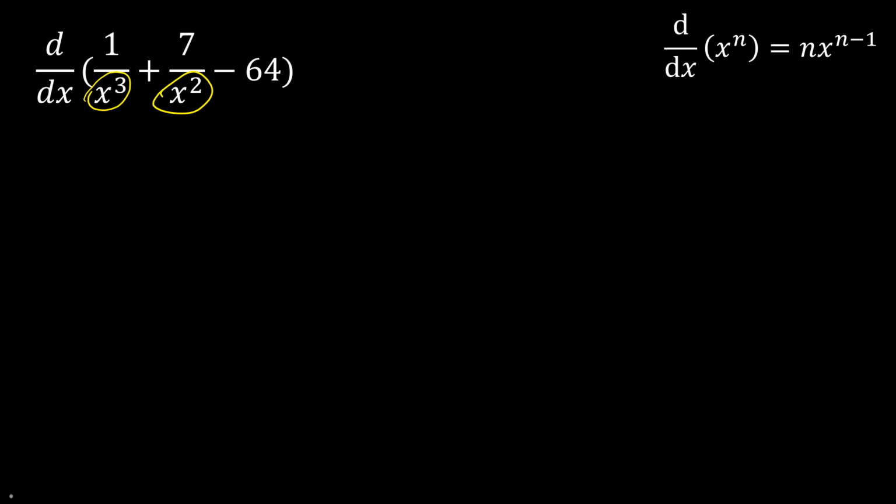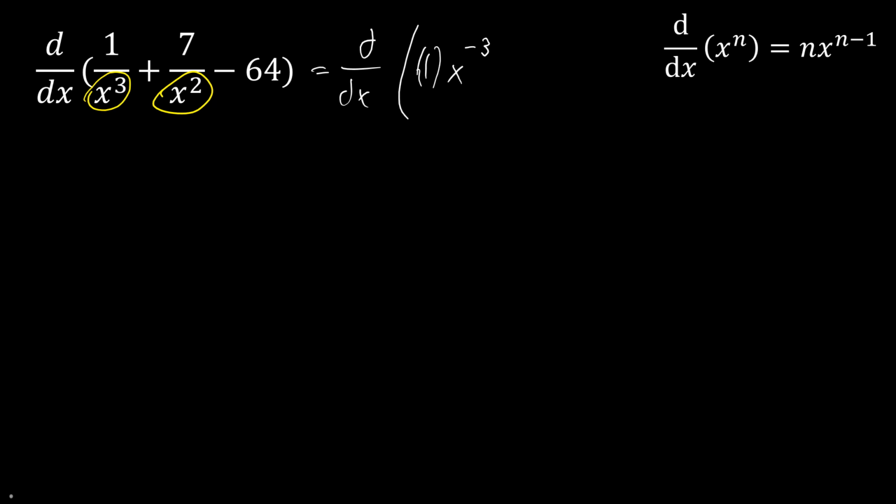What you want to do is manipulate these expressions. So really what you're going to be doing is the derivative of 1 times x to the negative 3. And why?